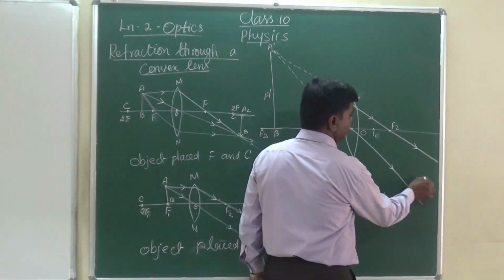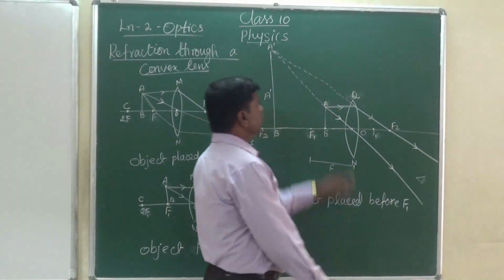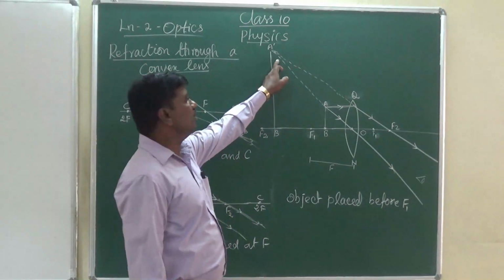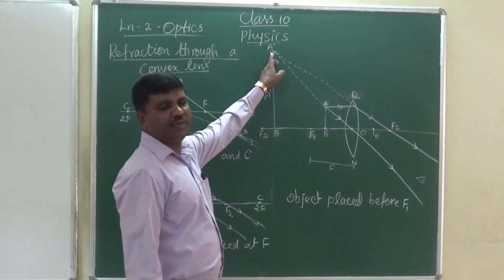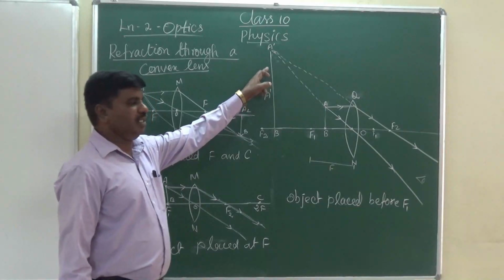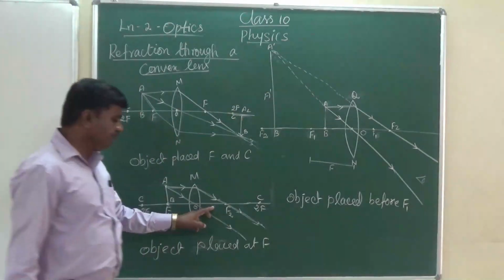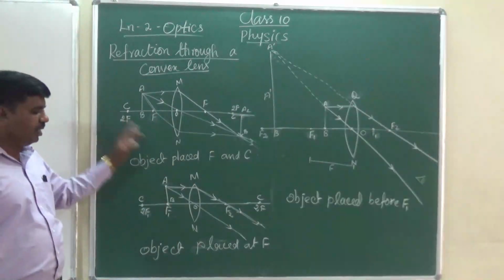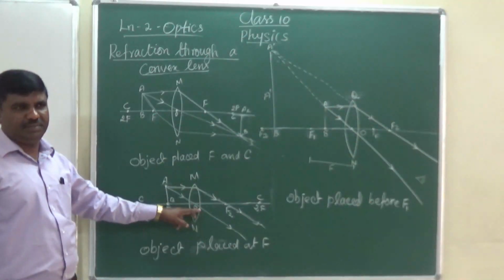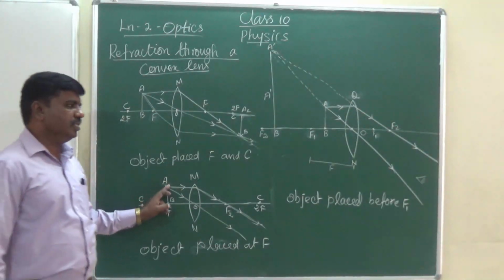If we want to see the image from here, we can get the virtual image at the point here. We can't get a real image, since the rays would only meet at a far distance if they were parallel.